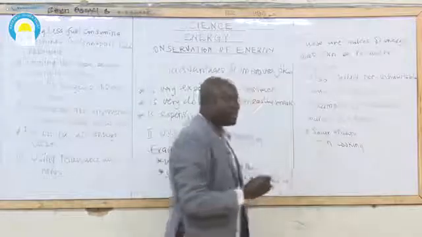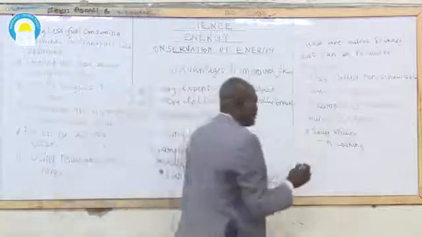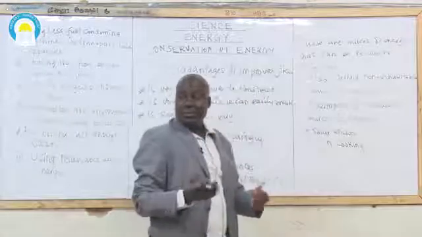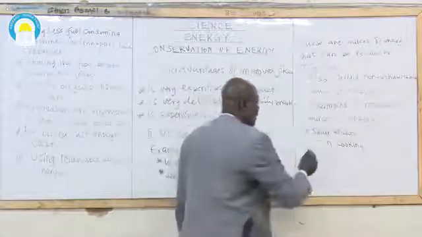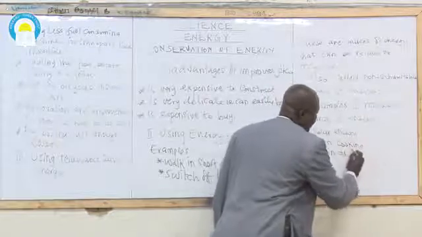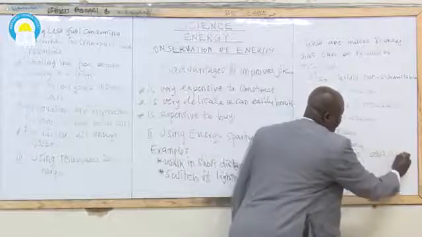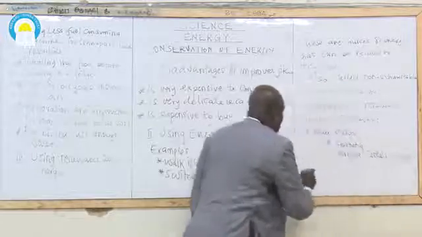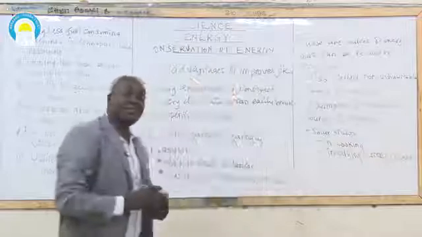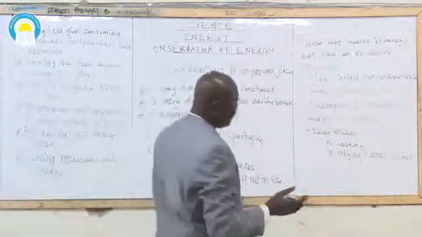We can also use this type of energy from the sun in drying, for example, cereals or clothes, etc. We can also use this type of energy from the sun for pumping water.